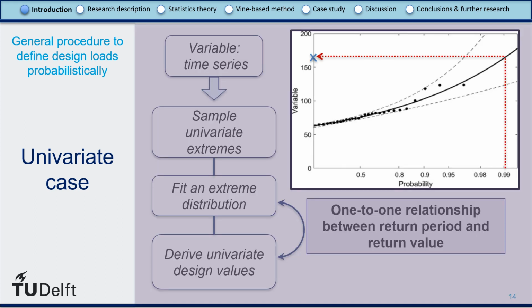For example, this graph presents a certain cumulative probability distribution of a certain variable. If we fix a probability, we can find the value that uniquely corresponds to it. And in this case, for example, it would be this our design value.